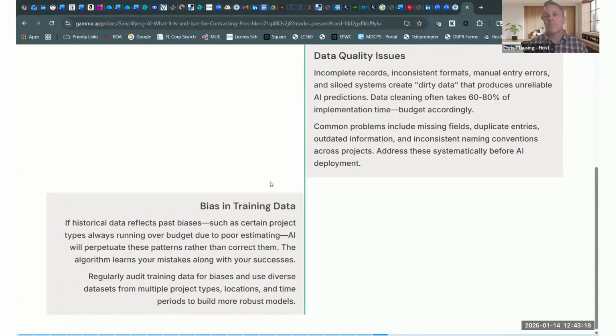So part of the continuous improvement for AI is not just on the data side, it's also on the human side. We want to make sure that we continue to make our inputs more accurate so that the outputs are more accurate as well. And we want to review that data set to make sure there's no data in there that's continually giving us bad outputs.